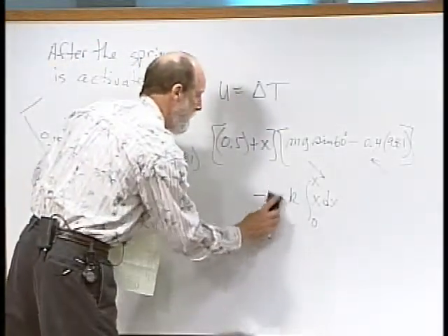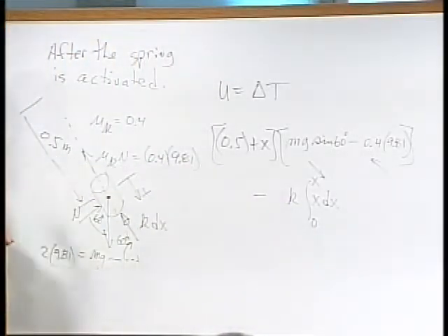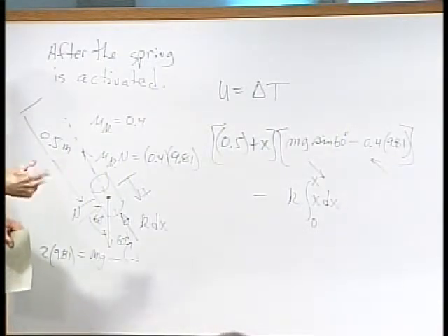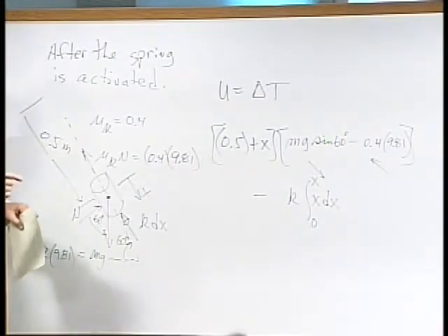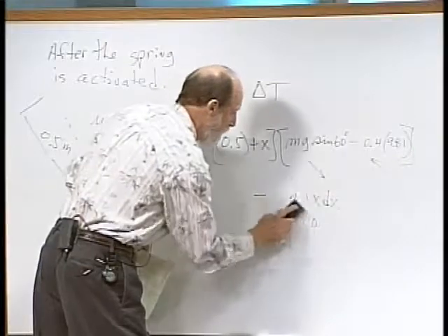Because what I decided to do, instead of writing the just defined energy or the work done by the spring, which we derived previously was negative 1/2 k x squared, instead of just writing that down, is to write this down this way.